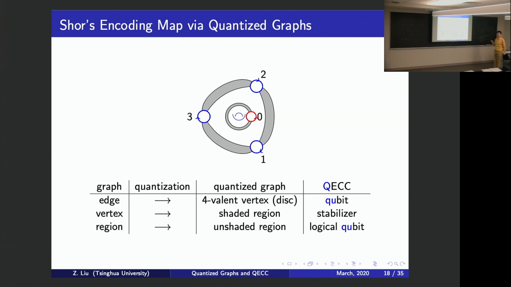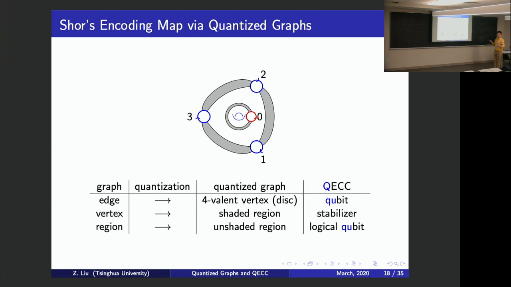So this code is also topological. And now if you understand the concepts graphically, we can say this is not just quantization of graphs, but also it captures the concept of quantum error corrections.